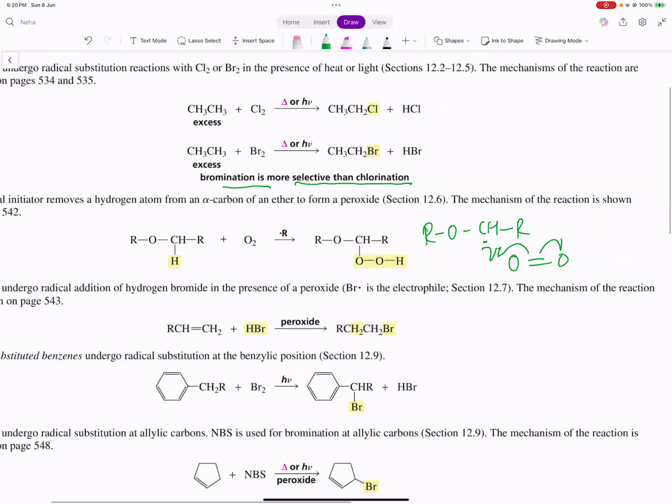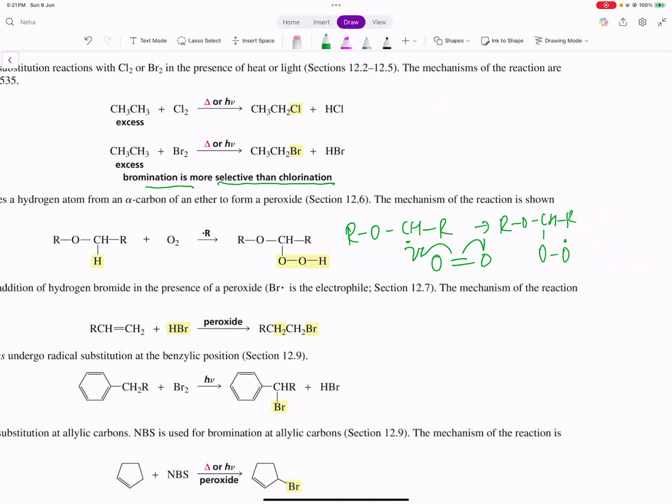And then O dot will be here, and then that will abstract the hydrogen. So I'll get O dot. After that it will abstract another hydrogen from it, right? So we'll get this product.